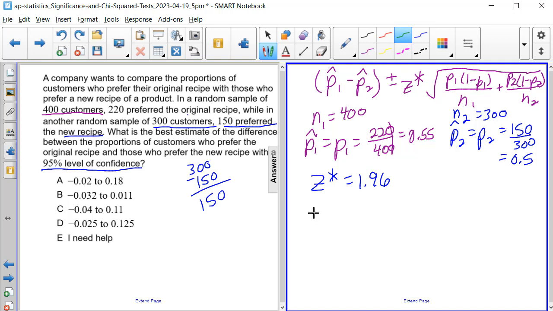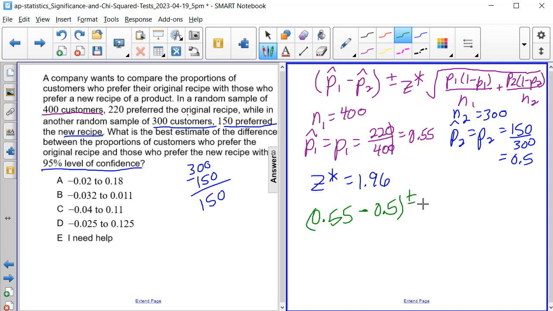So p1 hat is equal to 55/100ths, minus p2 hat, which is 1/2 or 5/10ths.